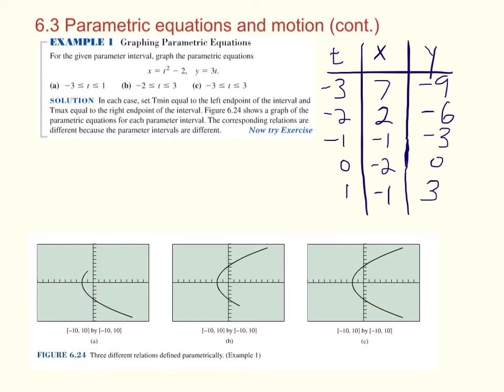So we now have our points: (7, -9), (2, -6), (-1, -3), (-2, 0), and (-1, 3). That is how we use the parametric equations to generate graphs.